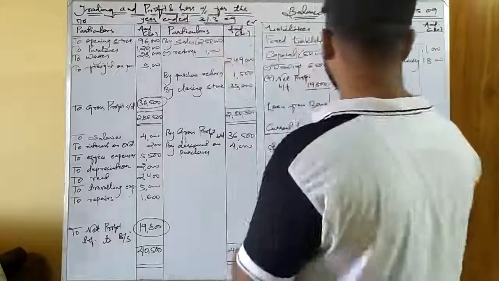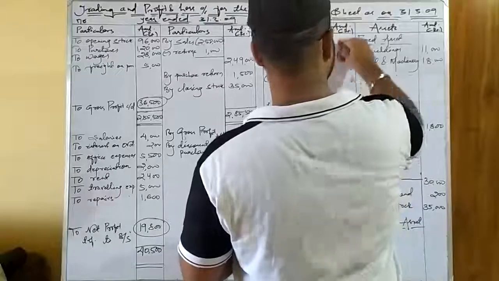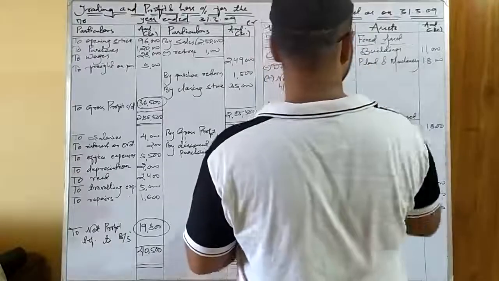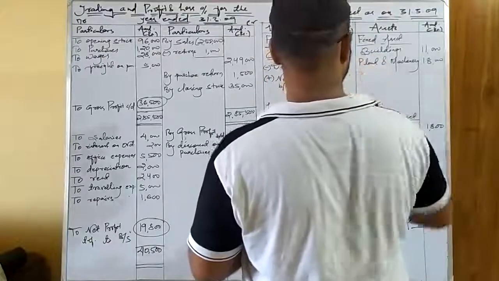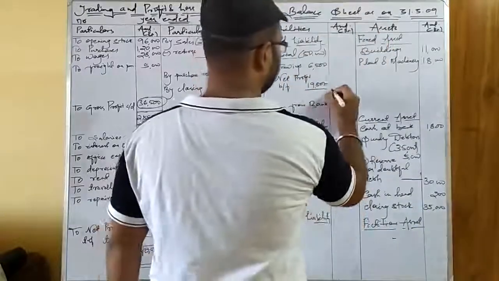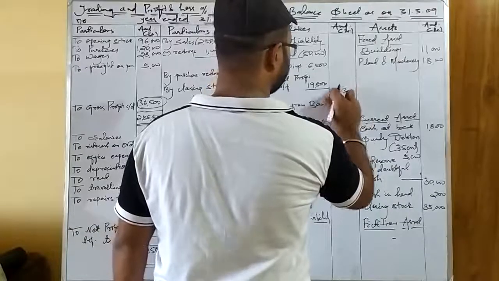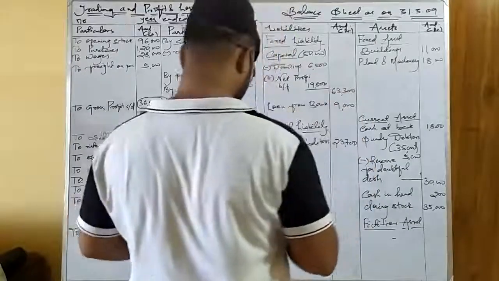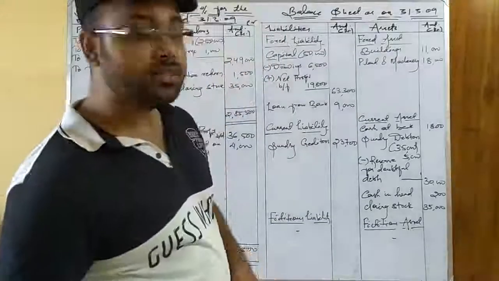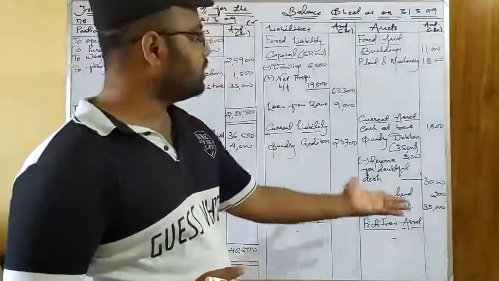We will write it precisely. So the adjusted capital that we got is 63,300.